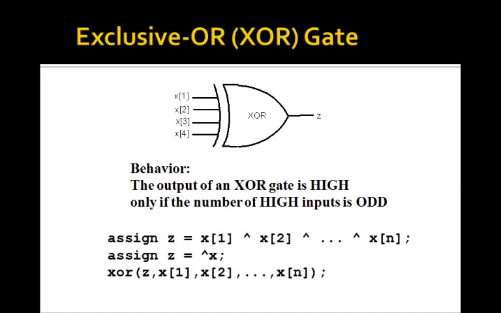How about an exclusive OR gate with multiple inputs? Turns out the output of a XOR gate with multiple inputs is high only if the number of high inputs is odd.